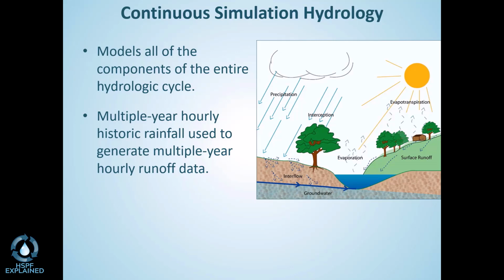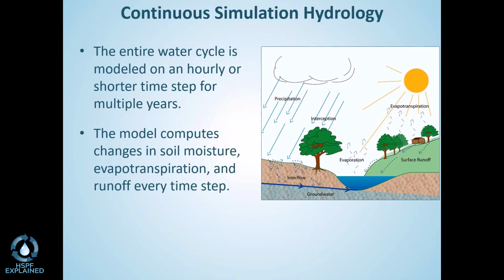So what we're going to be using continuous simulation to do is we're going to generate multiple years of hourly runoff data from multiple years of hourly rainfall data. And then this gives us a long record of information that we can use to do whatever type of analysis we're interested in. That's how continuous simulation works.